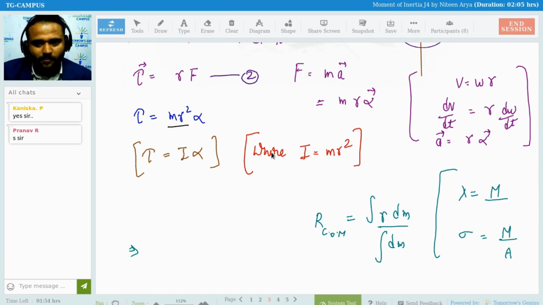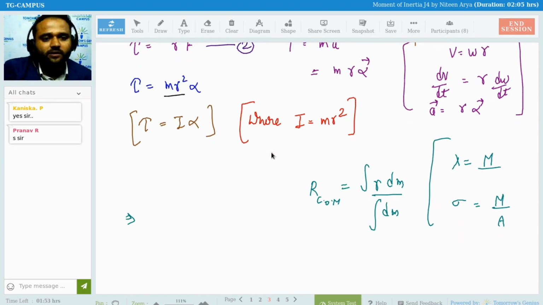So we have three types of mass density: linear mass density, areal or surface mass density, and volumetric, or mass per unit volume. Is this clear?